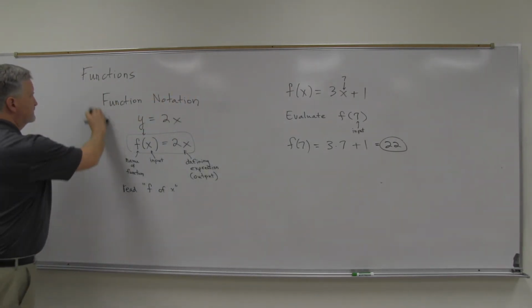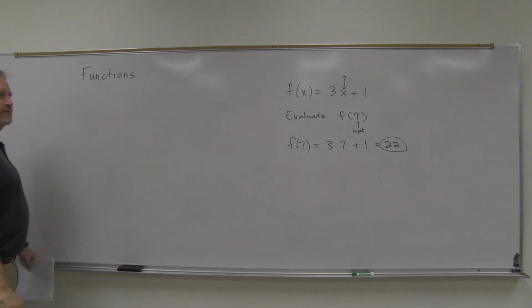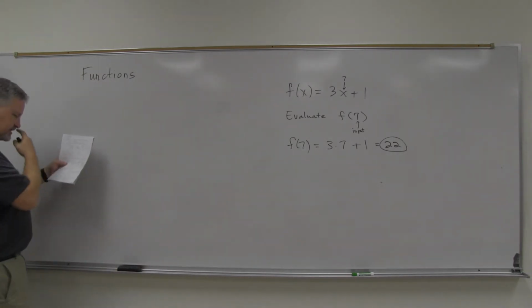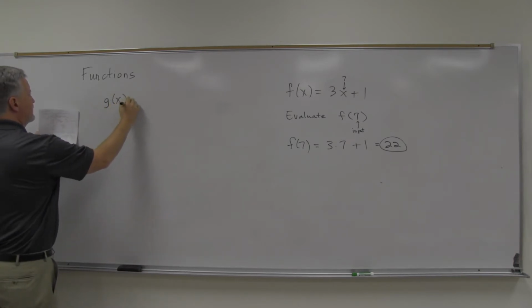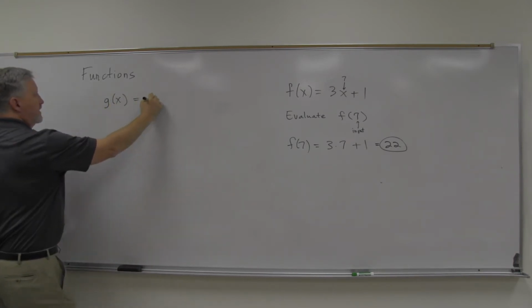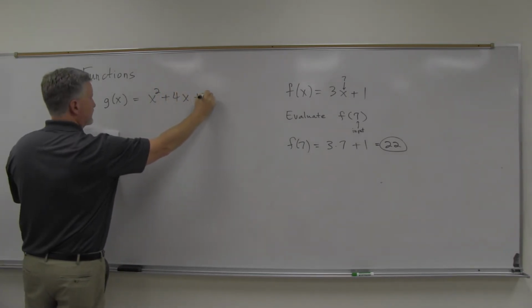All right. Now, they don't always have to be f functions. We'll have some g's, maybe some h's. Let's do a g of x function. G of x is x squared plus 4x plus 3.